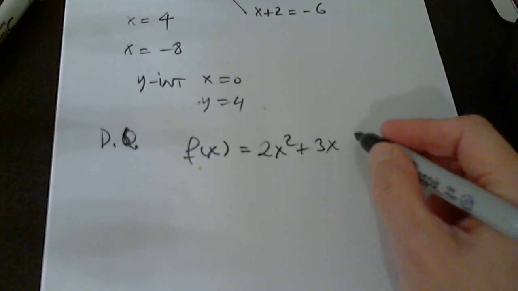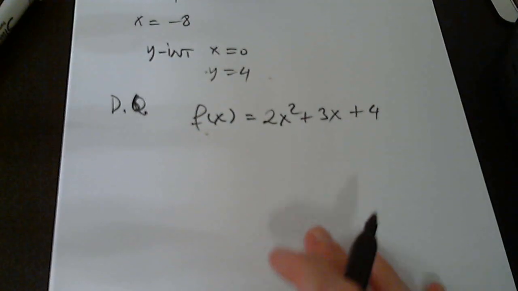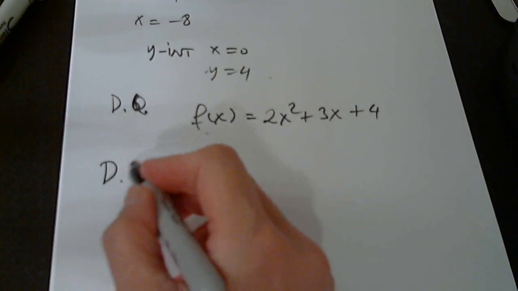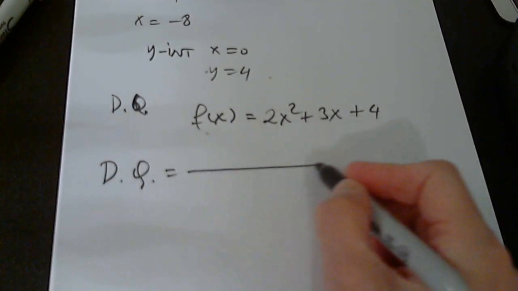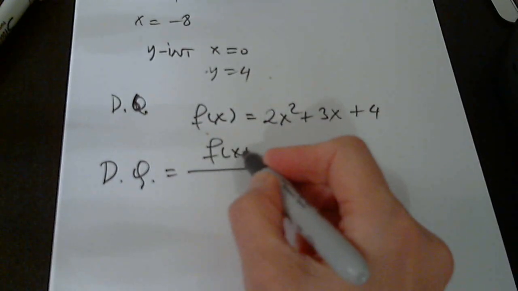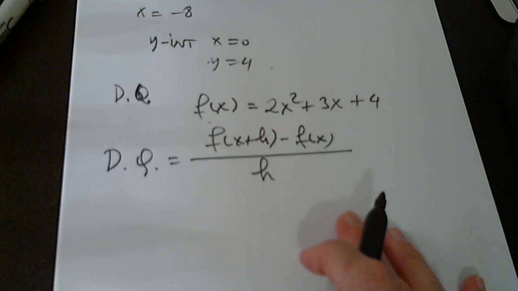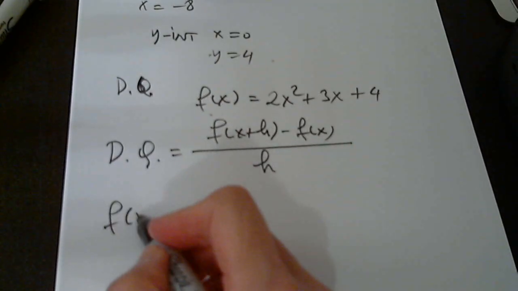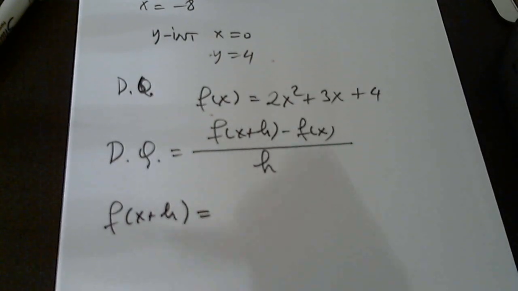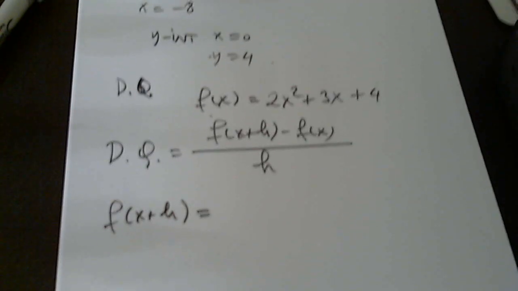I'm gonna beef it up a little bit. Okay, good. So the difference quotient, we have to write the formula first. f of x plus h minus f of x, divided by h. And we have to determine f of x plus h first. So let's work on this for a minute, 2 minutes. Let's identify f of x plus h.